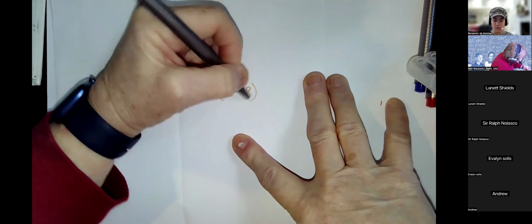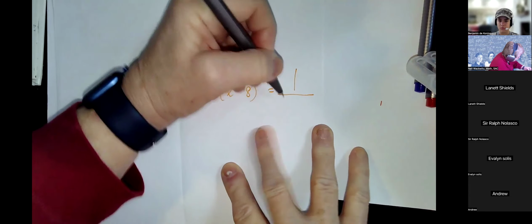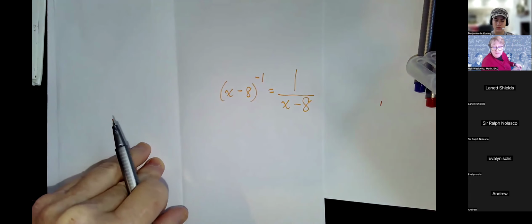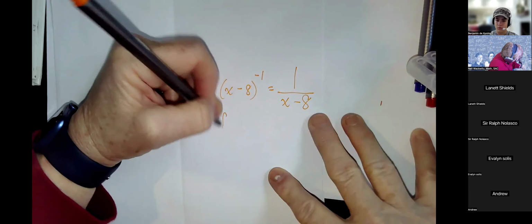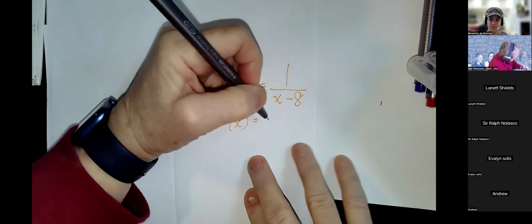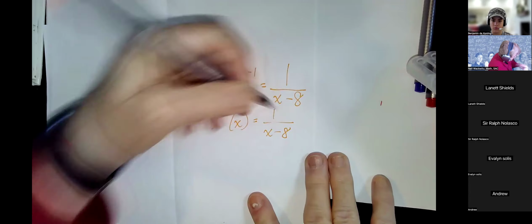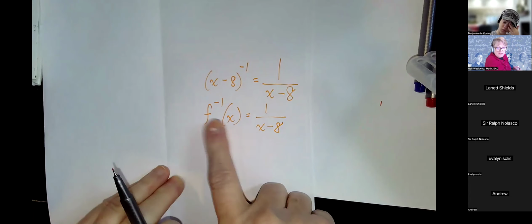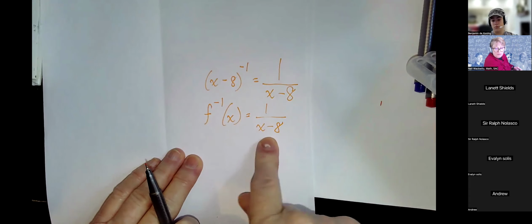x minus 8 to the -1, that would mean 1 over x minus 8, because a negative exponent means a fraction. But if we had f of -1 of x equals 1 over x minus 8, this is saying that somewhere there's a function and its inverse is 1 over x minus 8.